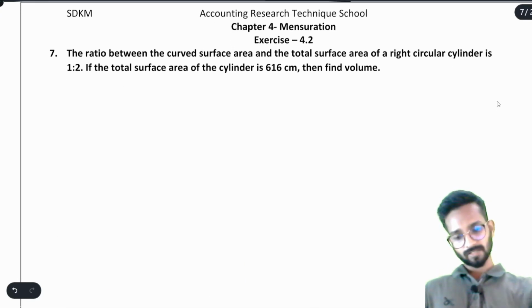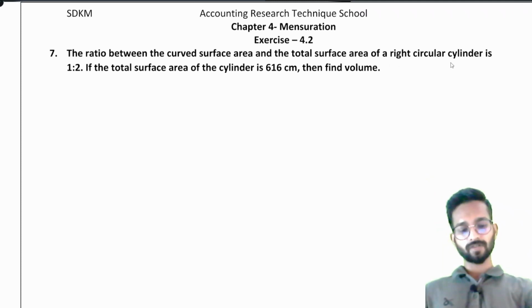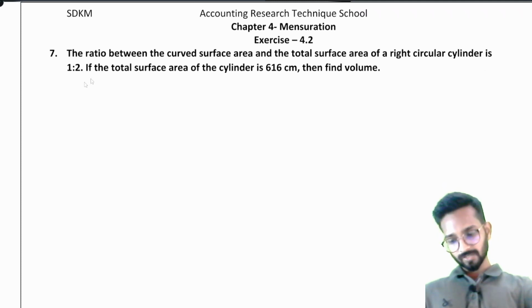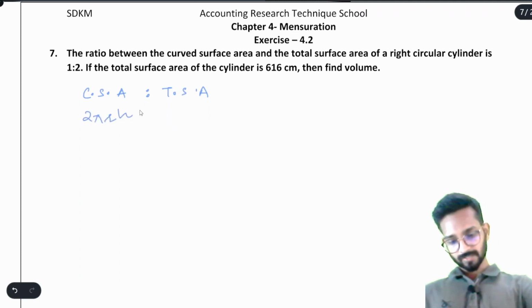Now question number 7 says the ratio between the curved surface area and the total surface area of a right circular cylinder is 1:2. If the total surface area is 616, then find the volume. Very easy. The ratio of CSA and TSA is given. CSA is 2 pi RH, total surface area is 2 pi R times R plus H. So pi cancels, R cancels, 2 and 2 cancel.